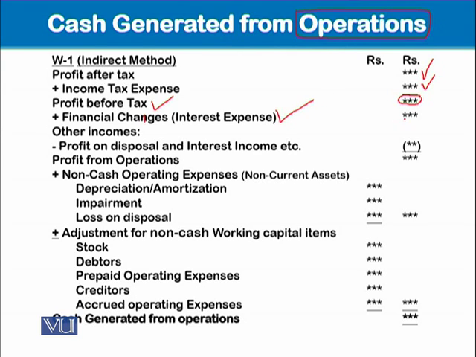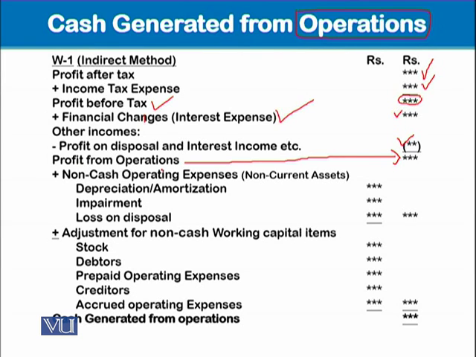So in a way we will add this in this figure, and then we will subtract other income. Why? Because we are talking about operation, and operation is the portion, again I'm repeating, sales, cost of goods sold, and operating expenses.